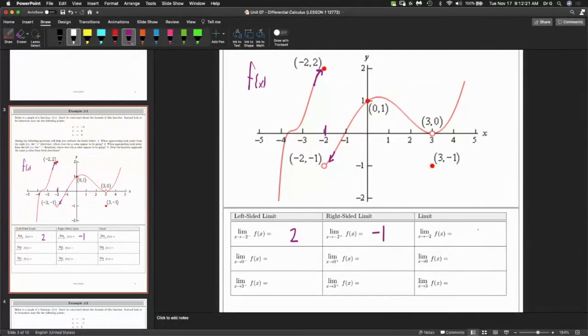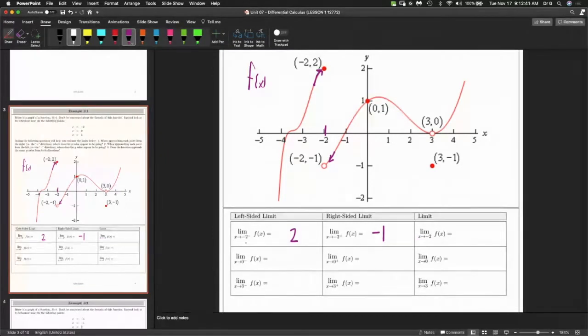Okay, this one here is interesting because you notice that here it doesn't have a plus or a minus sign. Whenever you have a limit with x approaching some number and there's no plus or minus, it's understood that you mean both the left and the right.